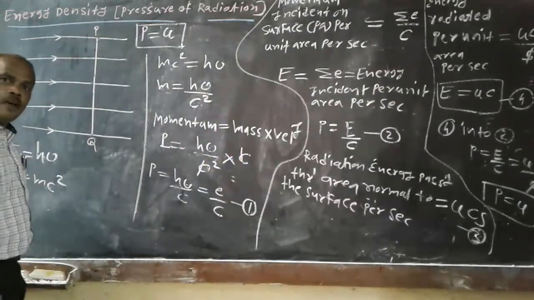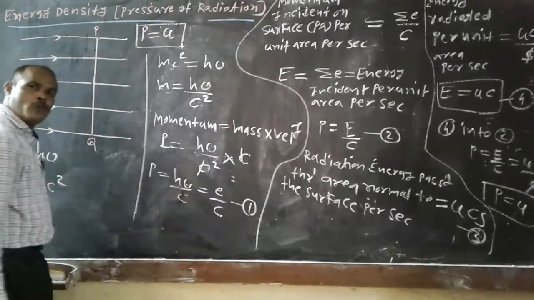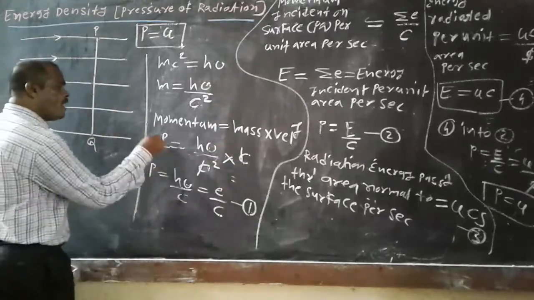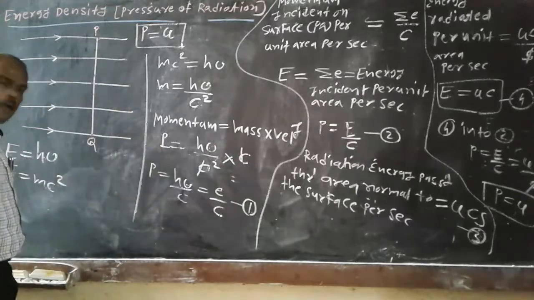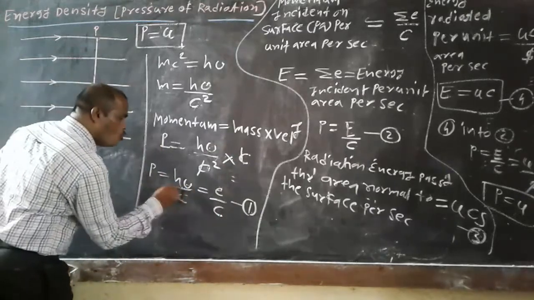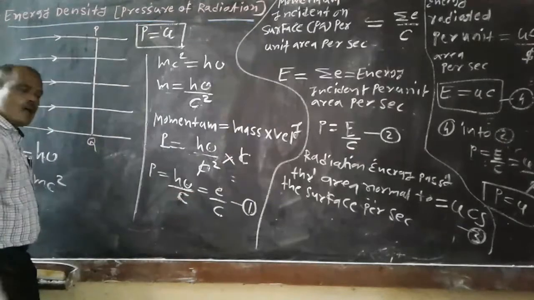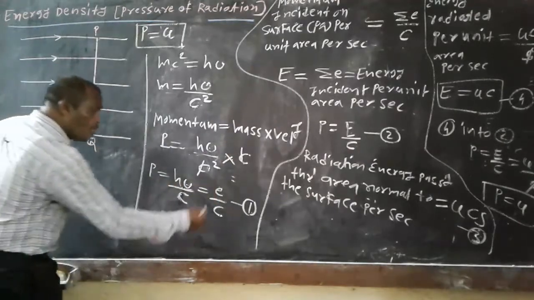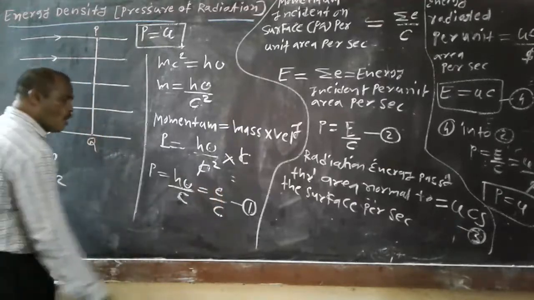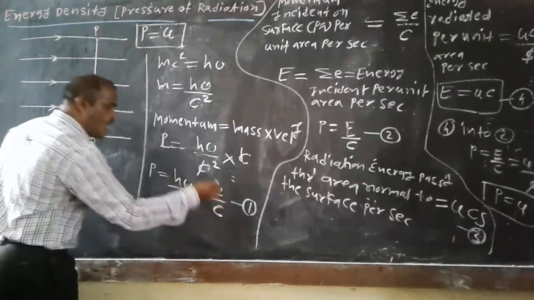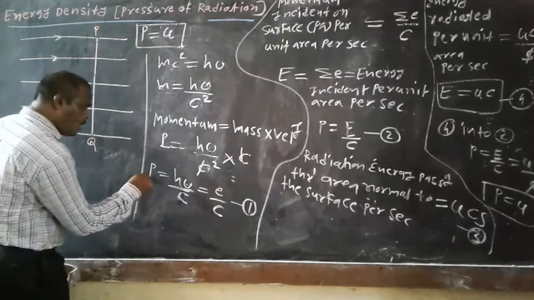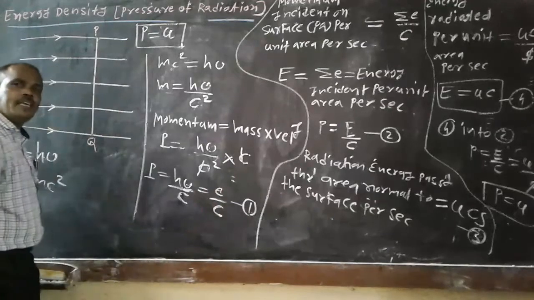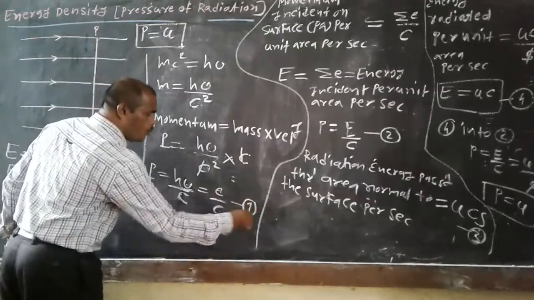One of the c from the c square gets cancelled with this c, and we get p equal to h nu upon c. h nu can be written as small e, that is energy of the photon, divided by c. So we get momentum of the photon p equal to e by c, that is equation 1.